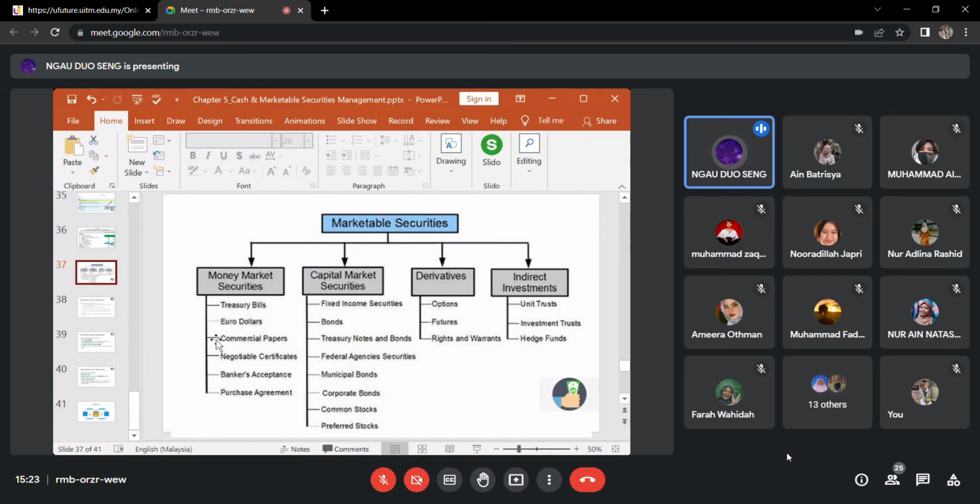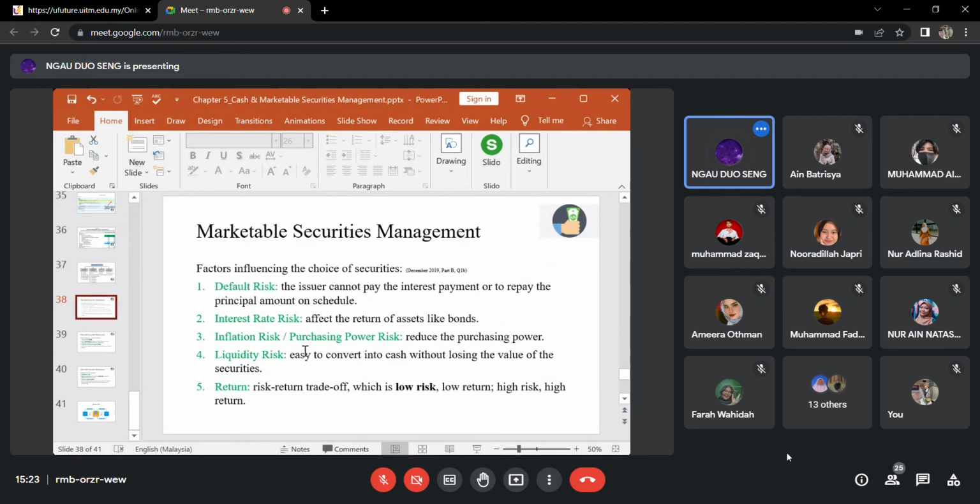So how should we choose? Do we want to buy treasury bill, commercial paper, banker acceptance? So here are the factors. First one we have default risk: the issuer cannot pay the interest payment or repay the principal amount on schedule.